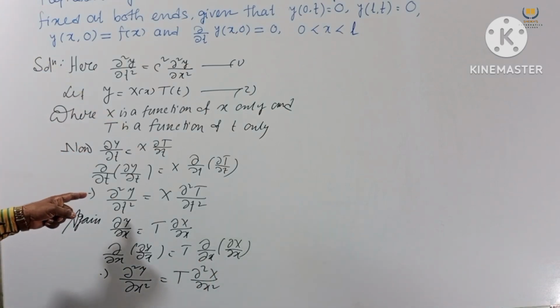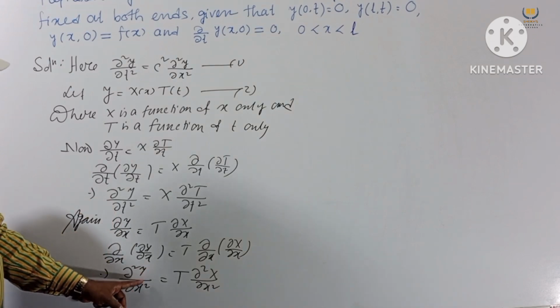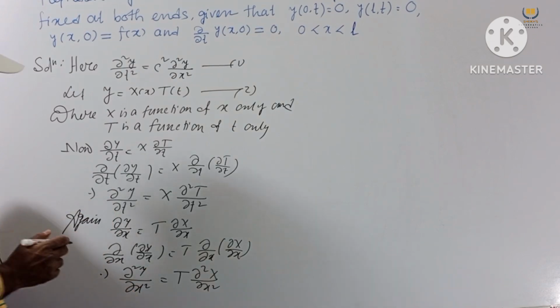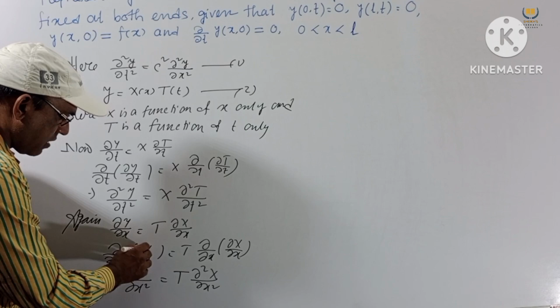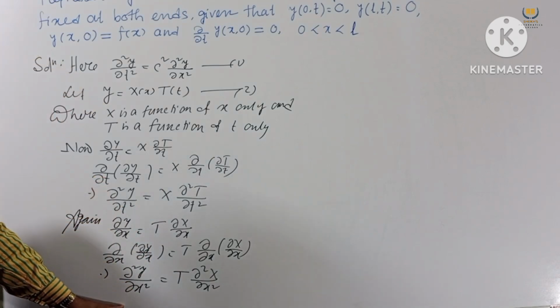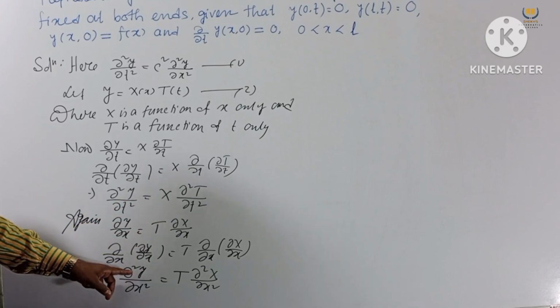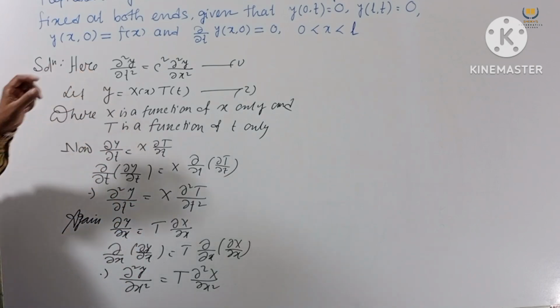So we get the values of ∂²y/∂t² and ∂²y/∂x². These two values we put in equation number 1.